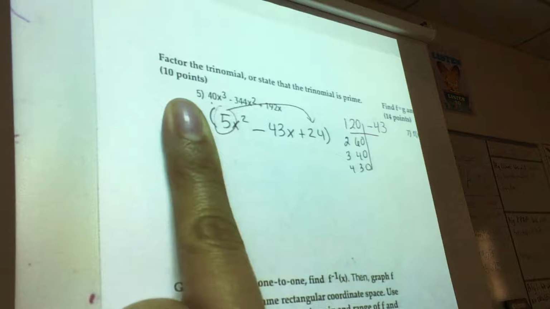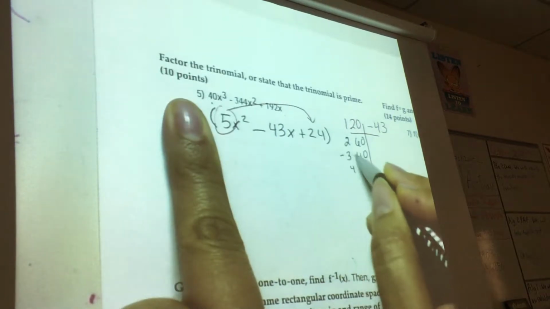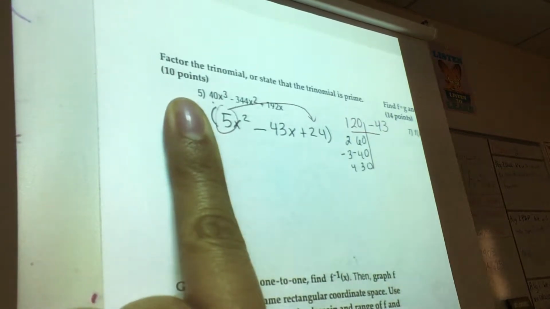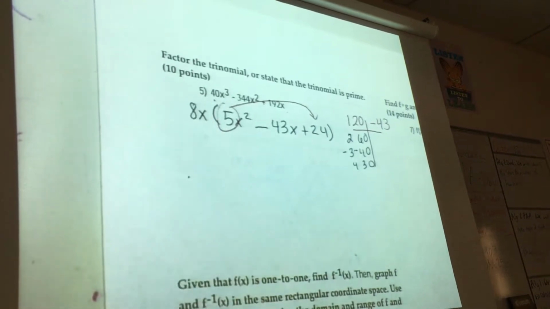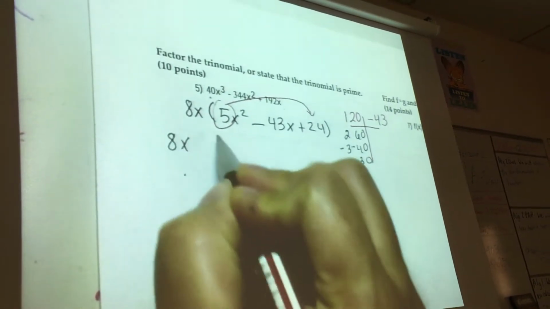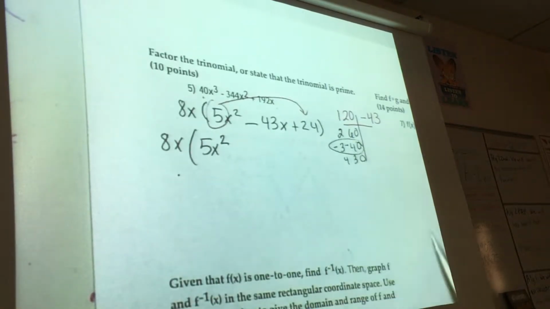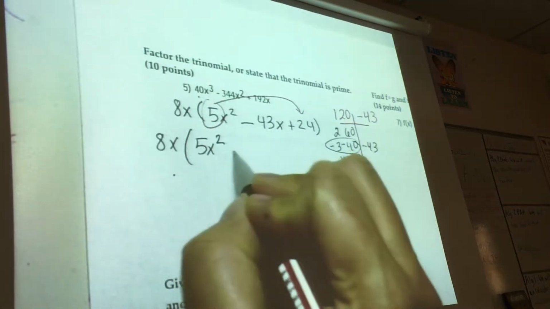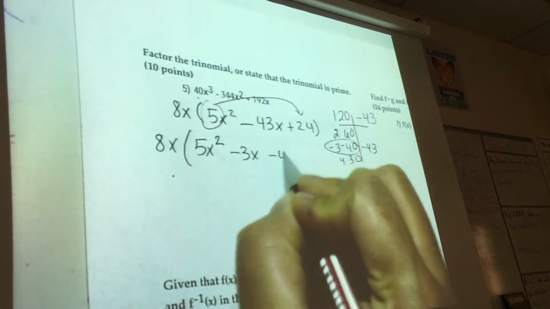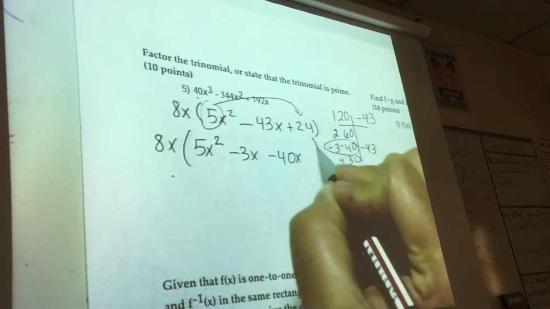Who is it? 30 and 40. But they both have to be negatives because this guy is a -43. Agree? So the 8 stays. The first one comes down. These are going to be my two middle terms. So -3x minus 40x. The last one has to come down.